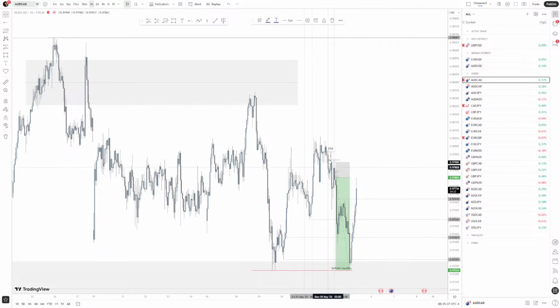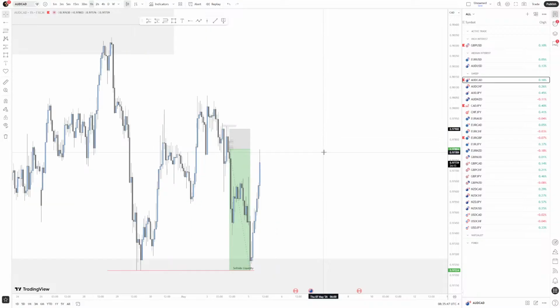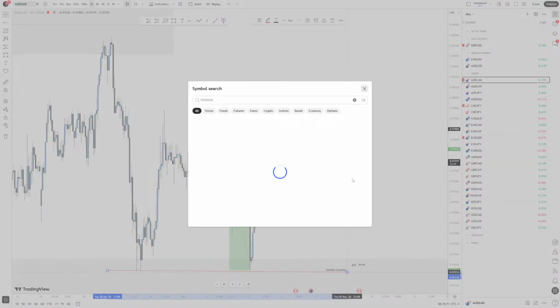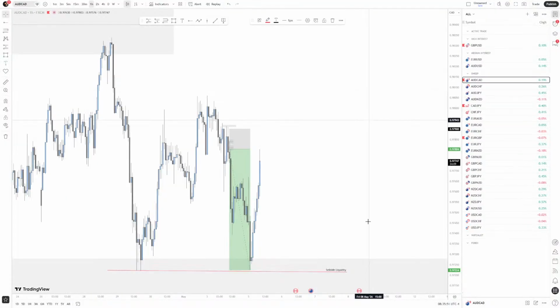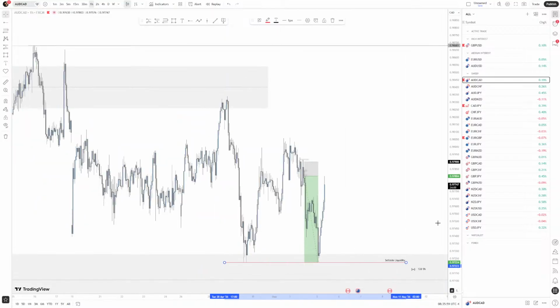All these vertical lines, okay, can get rid of these as well. All right. So this liquidity is still there because we are yet to sweep it. We just created a third area, so there's going to be a lot of liquidity down here.